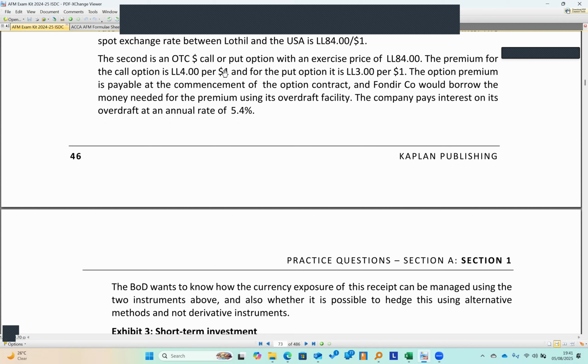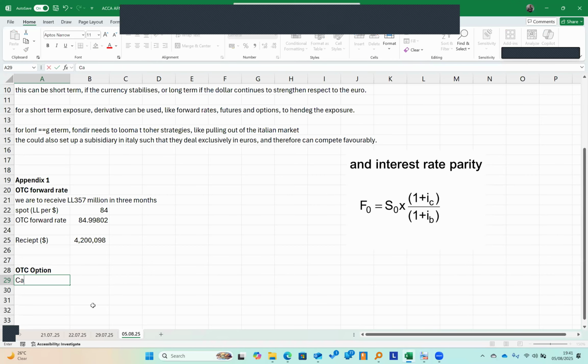So you get call options, and since you're getting call options, you need to, because they gave us here call options and put options. So the exercise price is here, 84. But when you are doing the call option, it is 4 LL premium, and for the put it is 3. So we are going to use the call option. After choosing the call option, then you calculate.